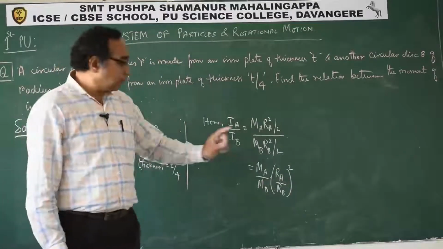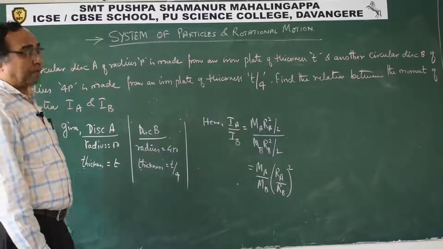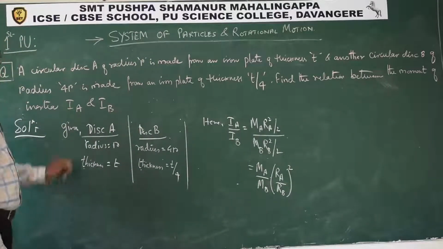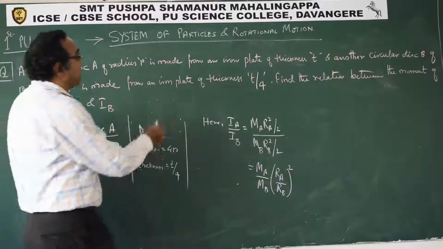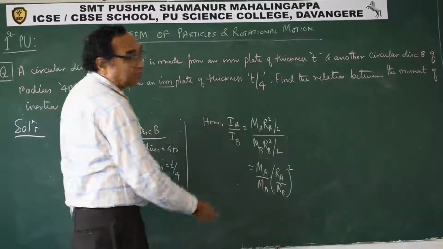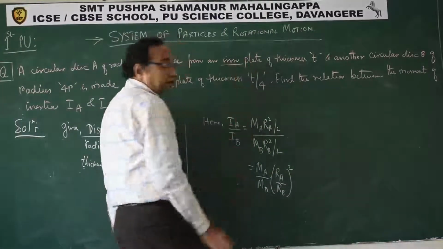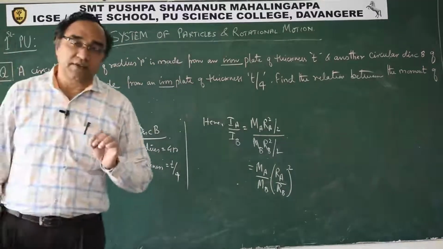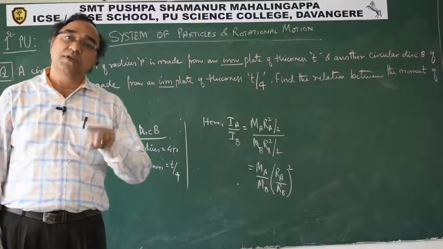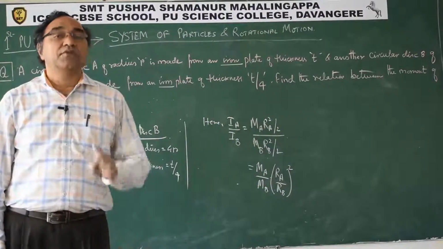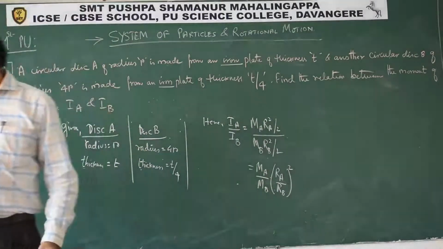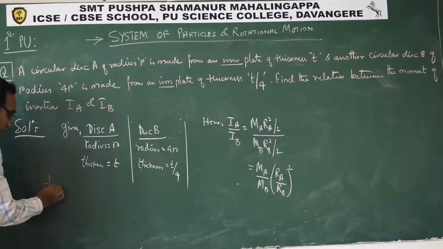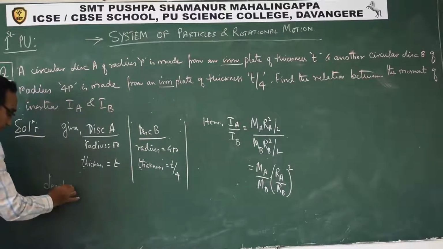Now our aim is to find MA by MB. How to find MA and MB? It is made from iron plate. This is also made from iron plate, which means that the density of iron is going to remain the same in both the cases. Since density is going to remain the same, density of iron will remain the same.